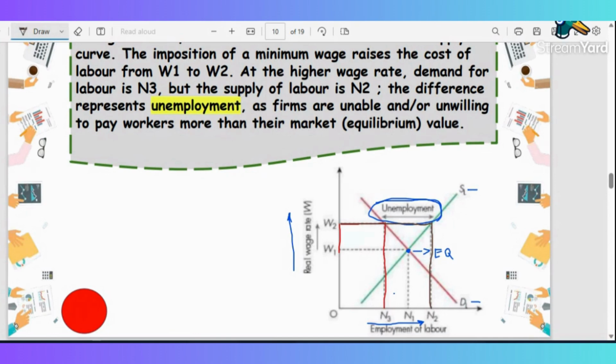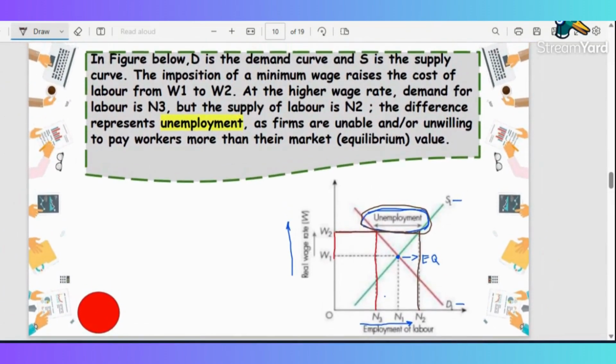So the difference between the supply of labor and the demand of labor represents unemployment, as we are seeing up here above the equilibrium level. And this is also showing the surplus. We had said it earlier. Now it says that firms are unable and or unwilling to pay workers more than their market equilibrium value. So this is what the graph here is demonstrating.